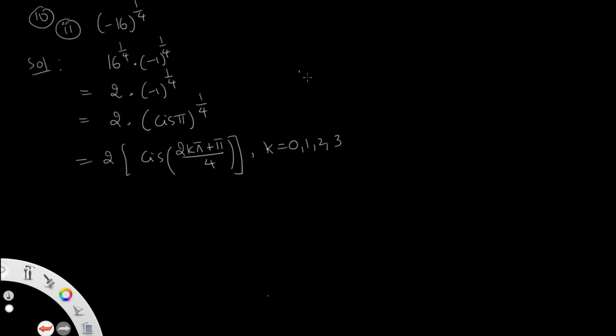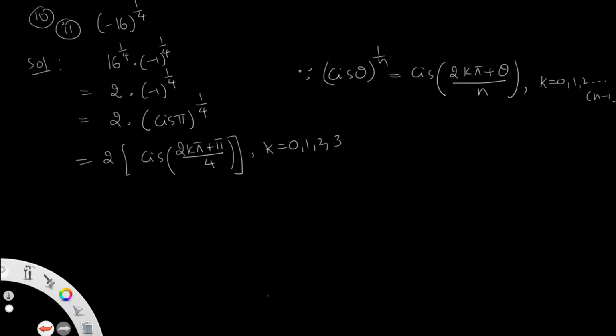Since (cis theta) whole to the power of 1 by n gives the nth roots of unity, cis of (2k pi plus theta) by n, where k is 0, 1, 2, and so on up to n minus 1.